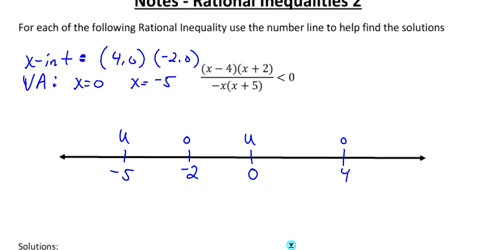So we're looking for the negatives. First, I'm going to plug in negative 6, because it's on the left side of negative 5. And again, I'm going to plug negative 6 into each of my factors, find out if it's a positive or a negative, and then find out what it nets, if it's totally negative or totally positive. Just like we did with graphing.